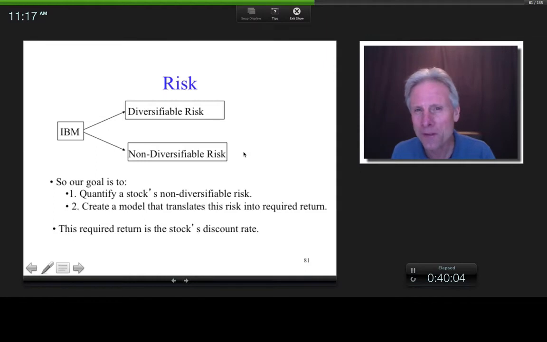And why do we care about the discount rate for the asset investment decision? Because it's half of what you need for a net present value analysis, which is sort of a bottom line analysis for the asset investment decision, which is arguably the most important decision a firm makes. And that's our goal in this class, the theory and the practice of the asset investment decision.